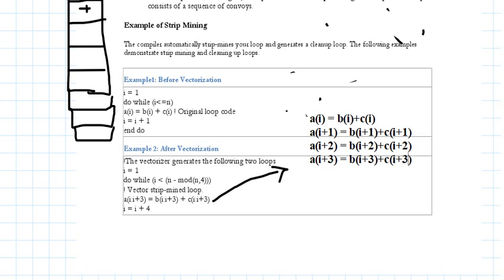So in a single go you are calculating 4 a[i]s, right? Then you are incrementing I by 4. So this was an example of strip mining.